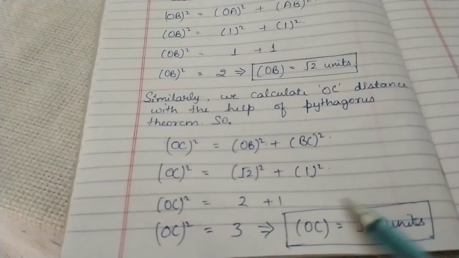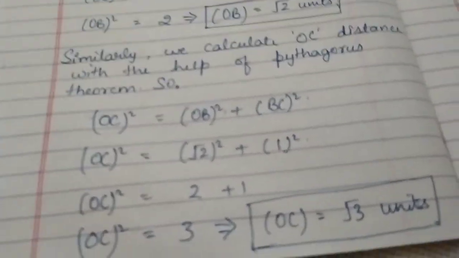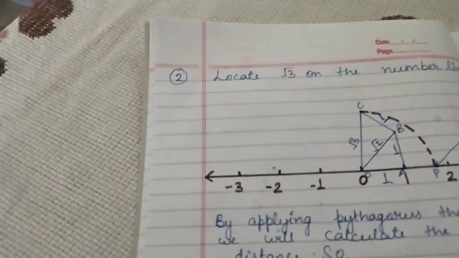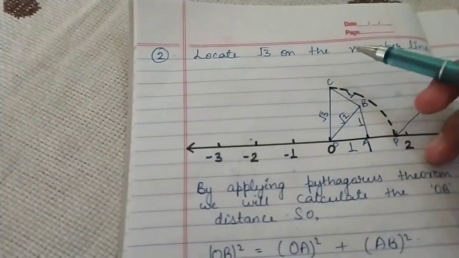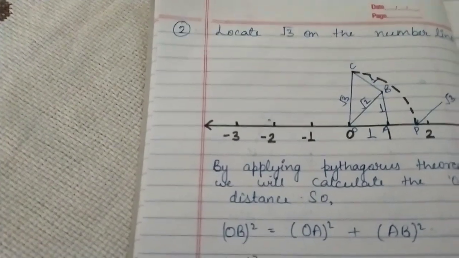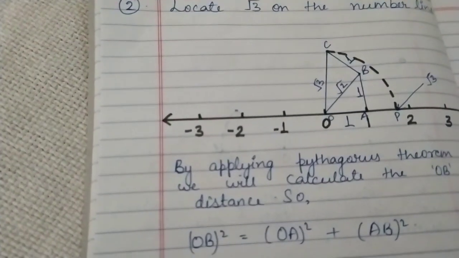This is all we have to calculate. We have to locate this point. So now how can we locate this root 3 unit? We calculated this OC distance as root 3.